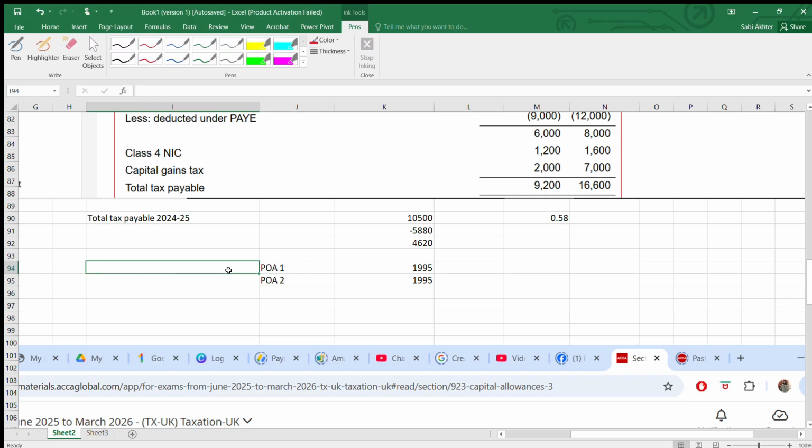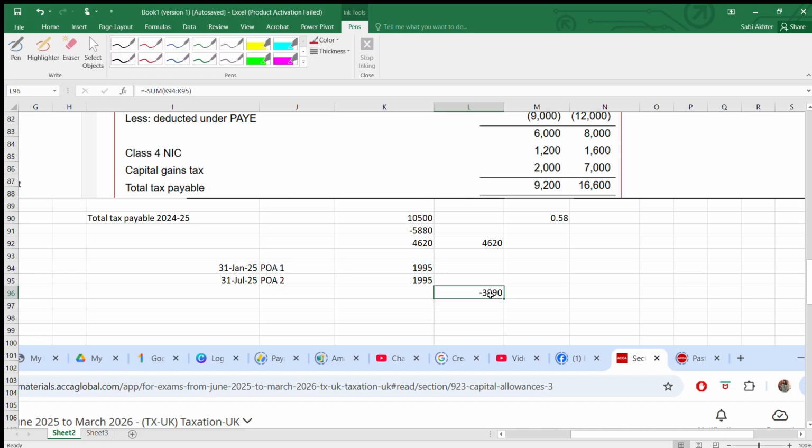What is the due date? 31st Jan 2025, 31st July 2025. These two are paid. So this 4620, minus the sum of these two.